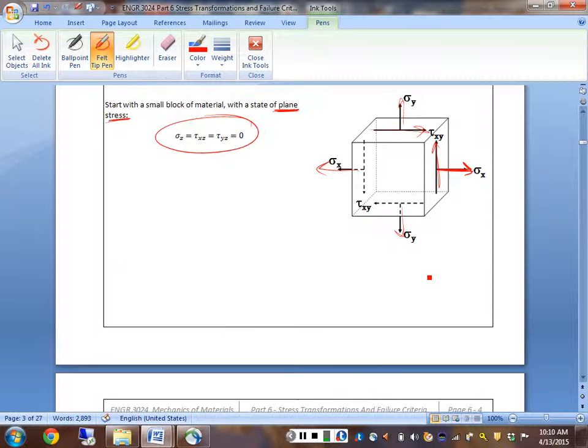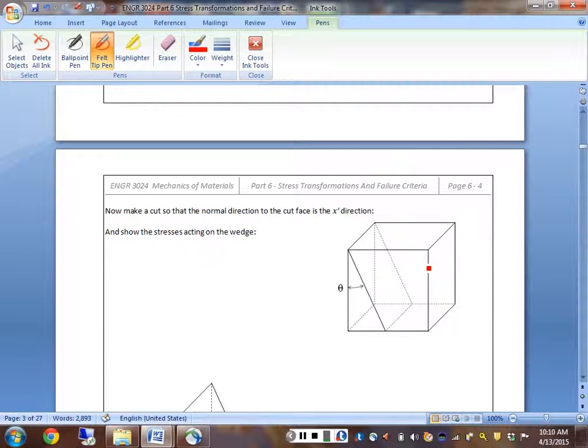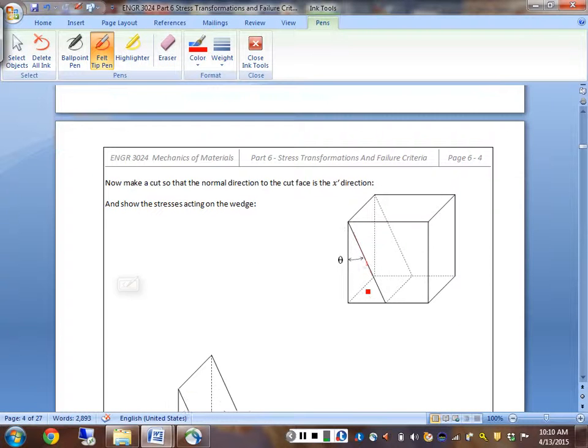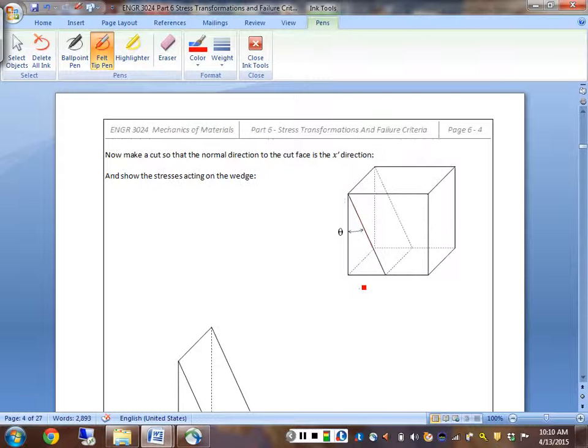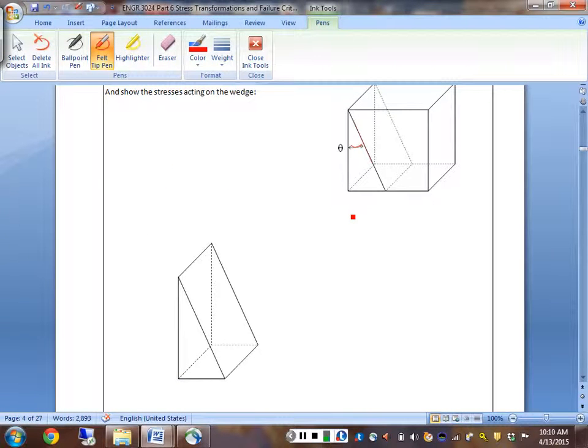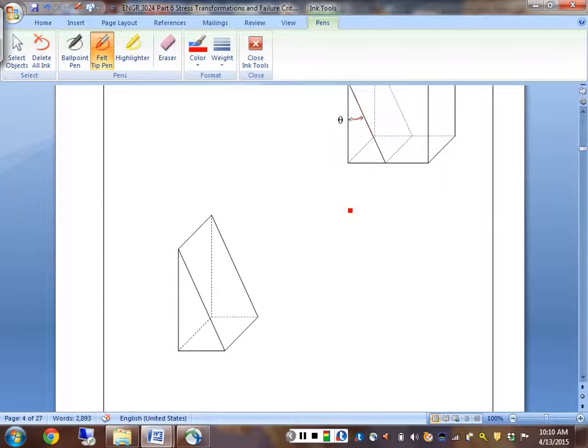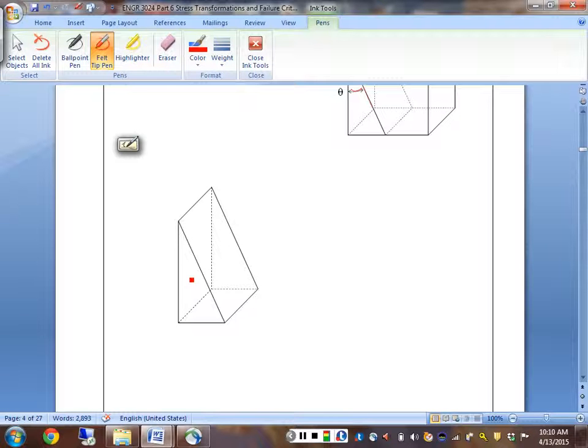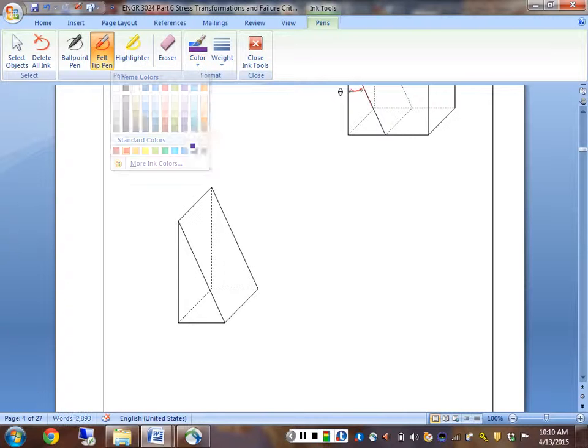All right, now what we've got to do to build this stress transformation mathematical construct, we need to take our cube and we're going to slice it on an angle. We're going to slice it on an angle that's equal to this theta that we want to be able to transform, and we're going to do a force balance. So on the left face and the bottom face, you've got what you've always had.